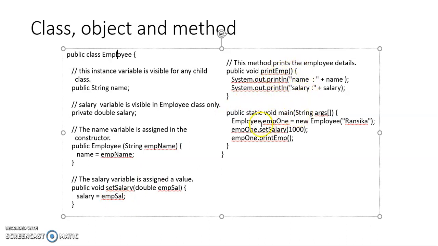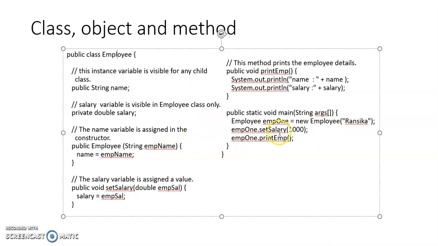So when we create an object, since this is a constructor, it should be accepting the name. This is the one constructor that is defined. So in the main function, you have an object being created, that is emp1, and you're running the constructor passing the name Ransika, which is the emp name, a string.